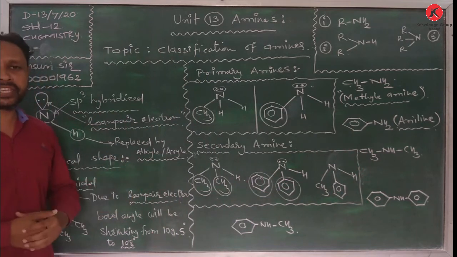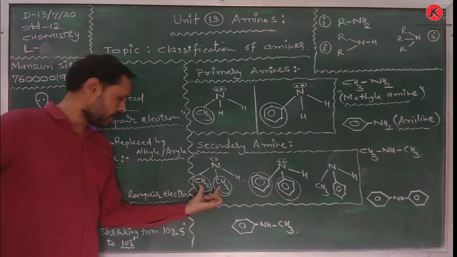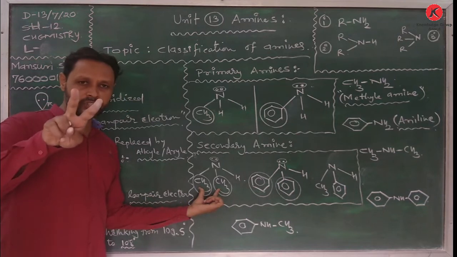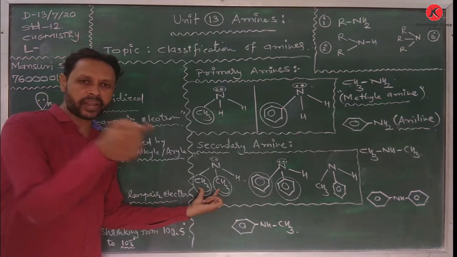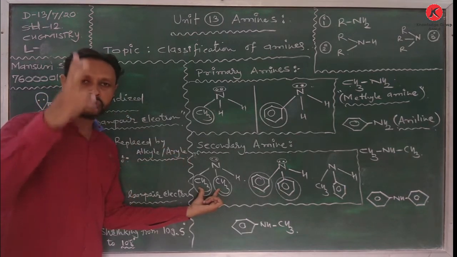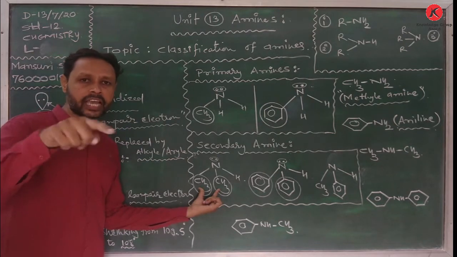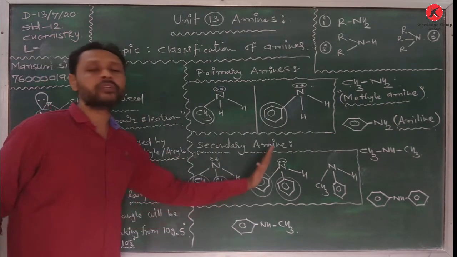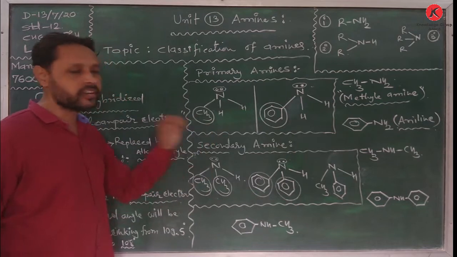So the definition is like this: if two hydrogens of ammonia are replaced by two alkyl groups, two aryl groups, or one alkyl and one aryl group, then the compound is known as a secondary amine.